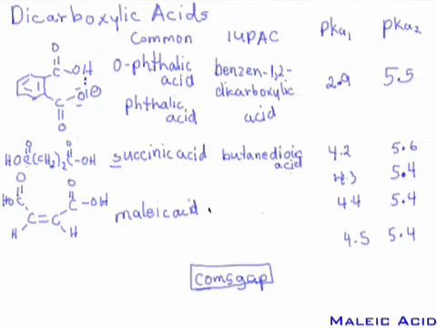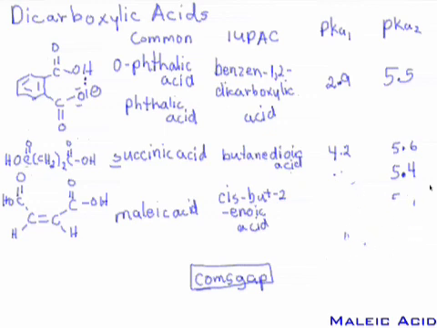If you like, it is cis but-2-enoic, that's all one word, acid. And it has a pKa of 1.8 and 6.1.